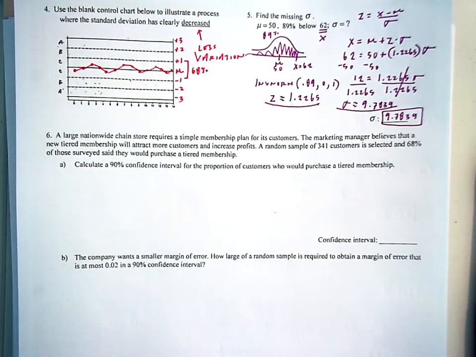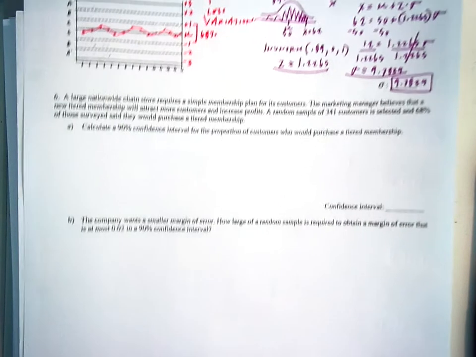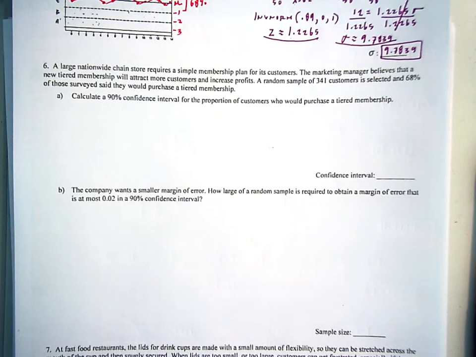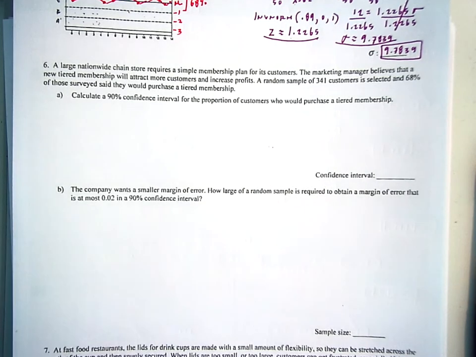Okay, next up. So here, a large nationwide chain store requires a simple membership plan for its customers. The marketing manager believes that a new tiered membership will attract more customers and increase profits. A random sample of 341 customers is selected, and 68% of those surveyed said that they would purchase a tiered membership.